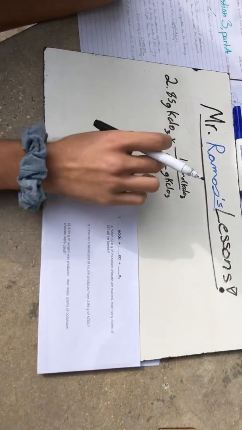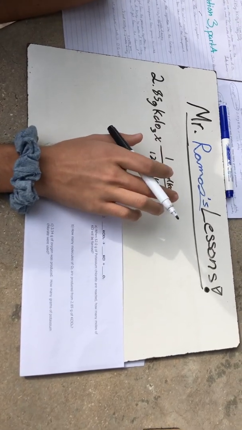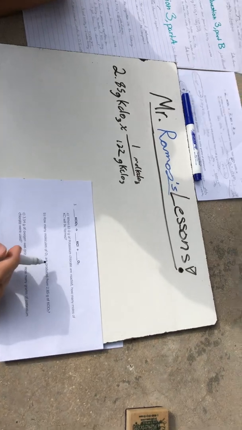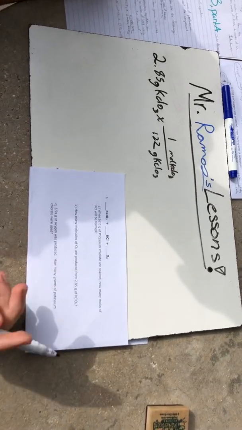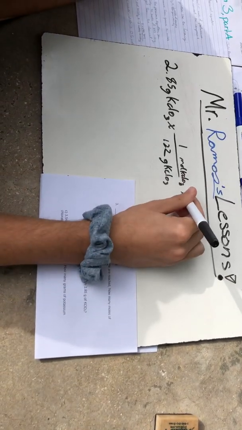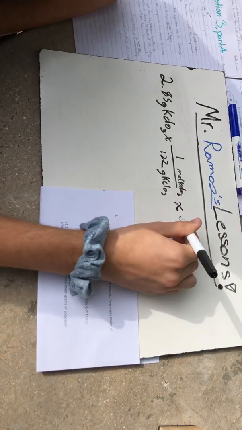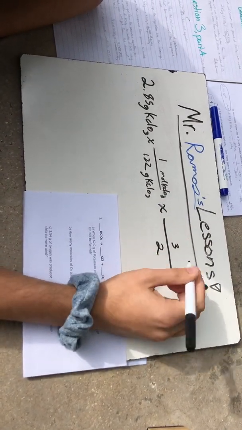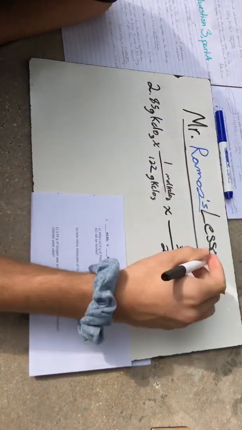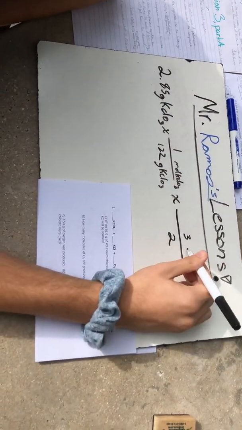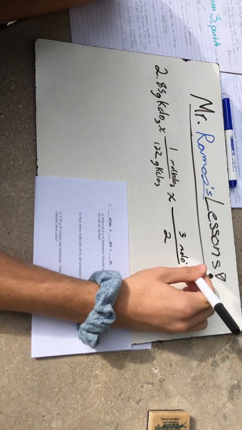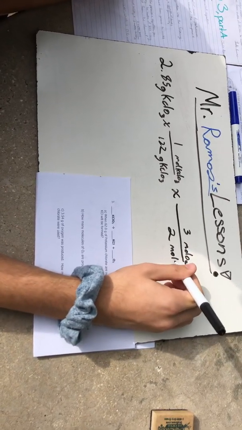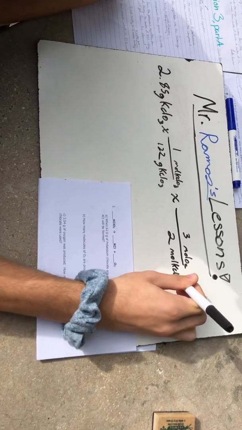Next, after we get this into moles, we're going to want to do the molar ratio, because we're trying to find molecules of oxygen. So we need to convert this to moles of oxygen, which can be done using the molar ratio, from the coefficients of our equation. So this will be 3 moles of O2 over 2 moles of KClO3.